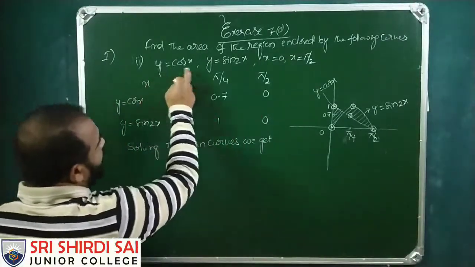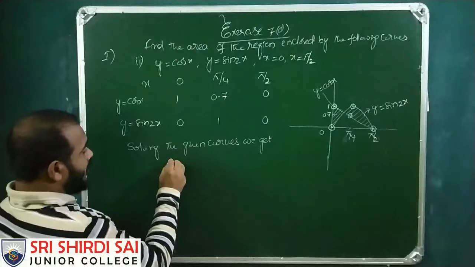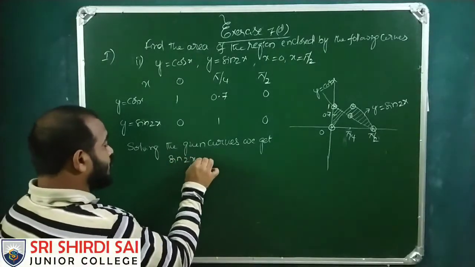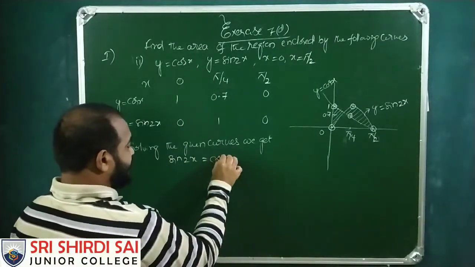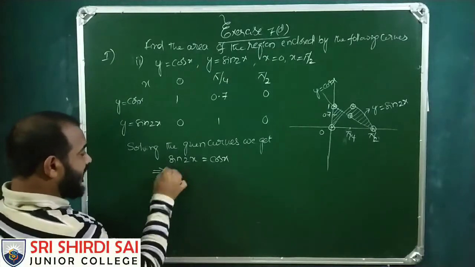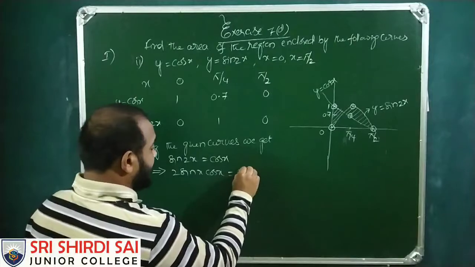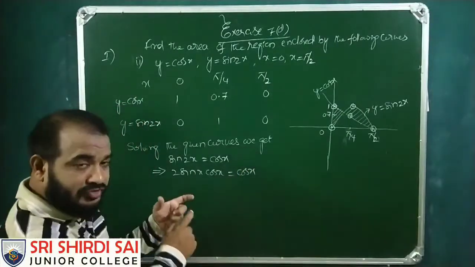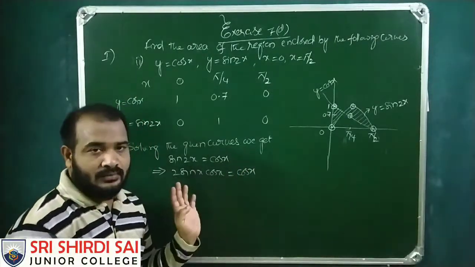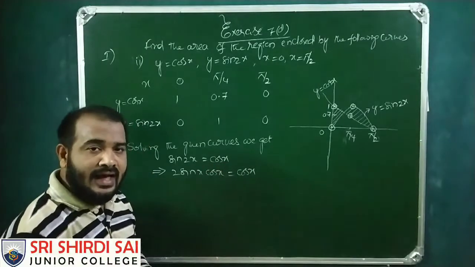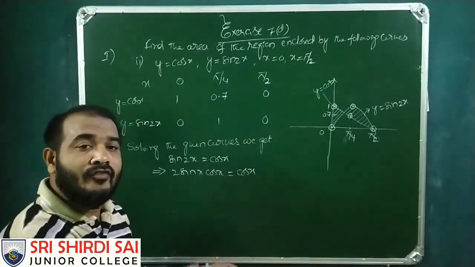So since both are y equals to, therefore sin 2x is equals to cos x. So sin 2x is 2 sin x cos x is equals to cos x. I am strictly saying not to cancel. If you are cancelling, then we will be missing one value.